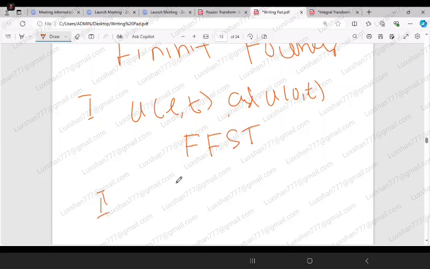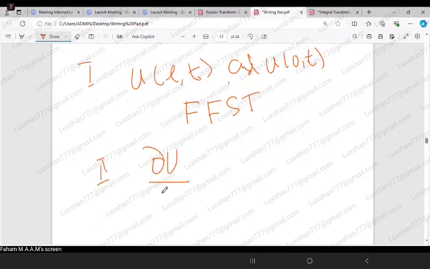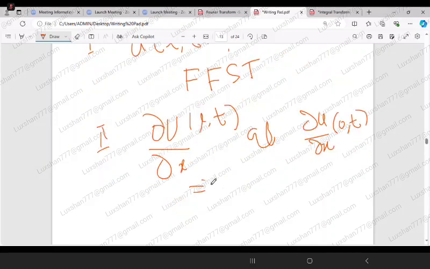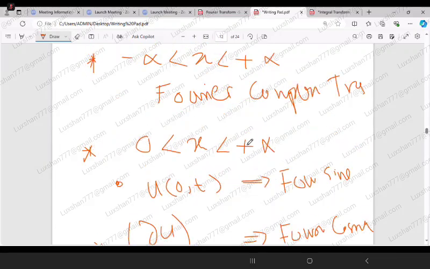Second thing, if you know the derivative of u with respect to x at L comma t and at 0 comma t, then you go for finite Fourier cosine transform. So there are 5 things.